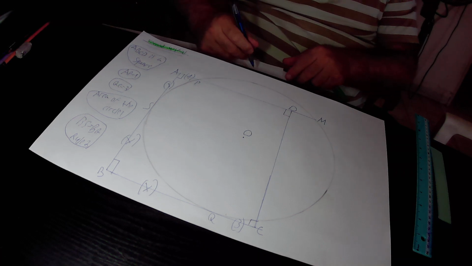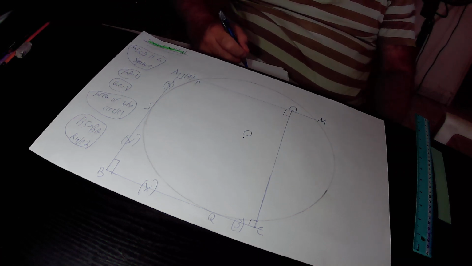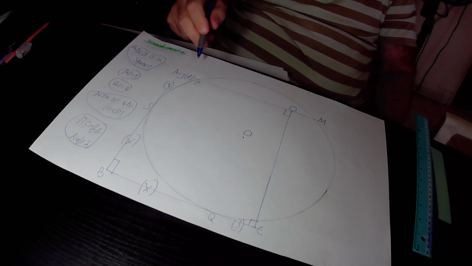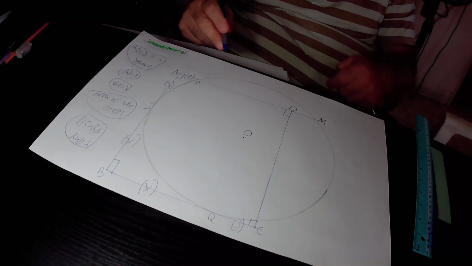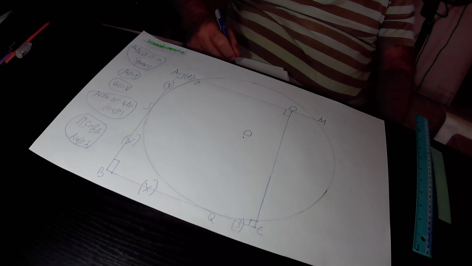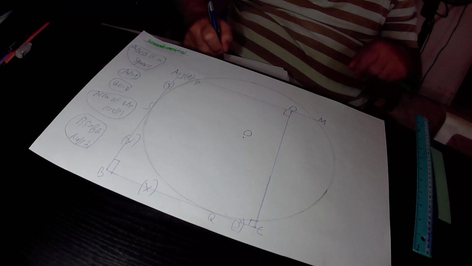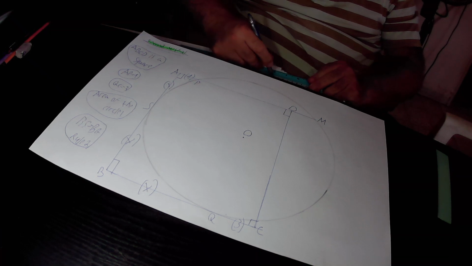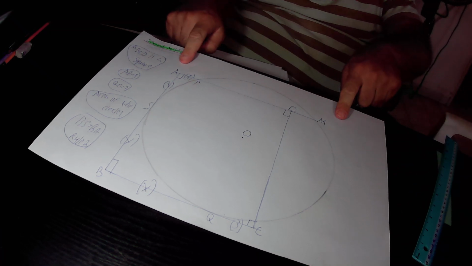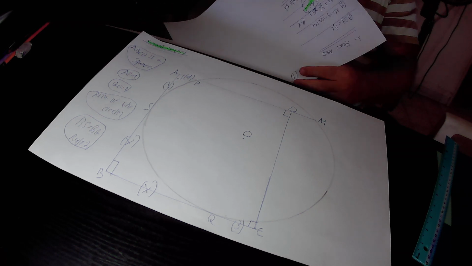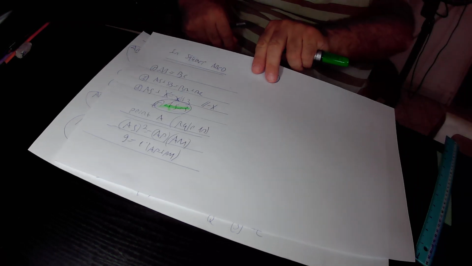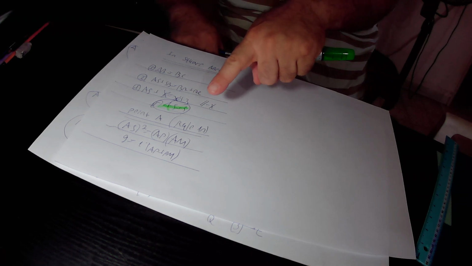AS is 3, therefore AS squared is 9, and it equals AP, which is 1, times AM. AM in total equals AP plus PM. So according to rule 10, 9 equals 1 times (AP plus PM).